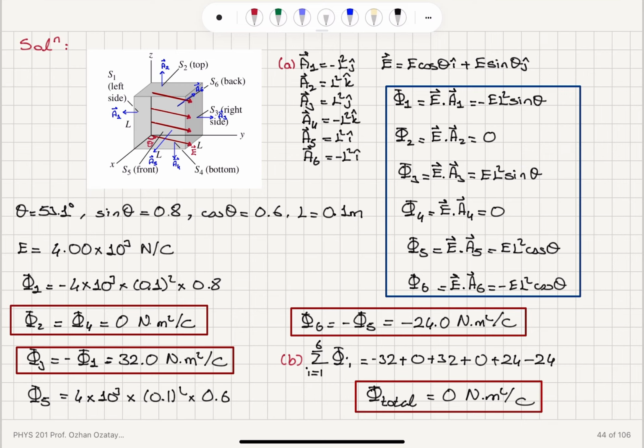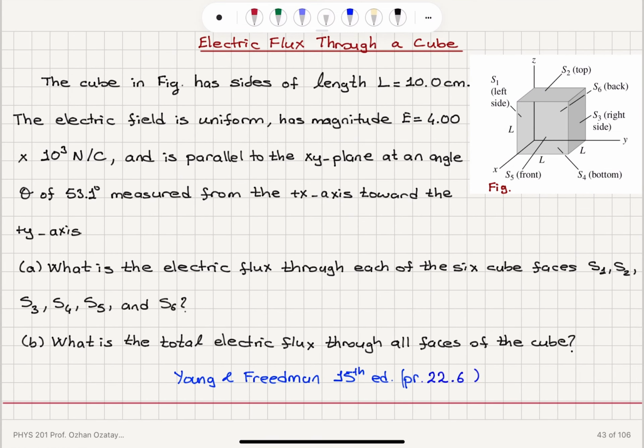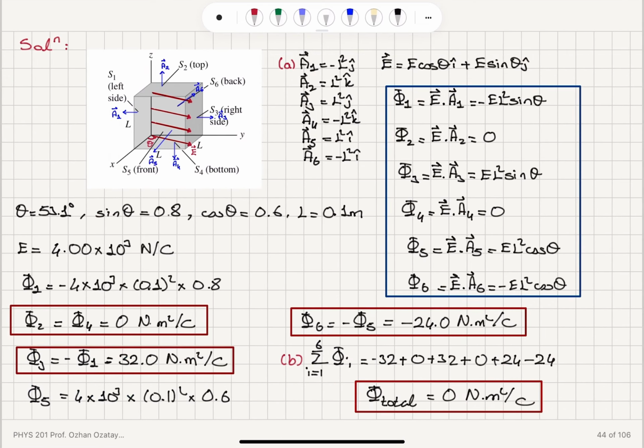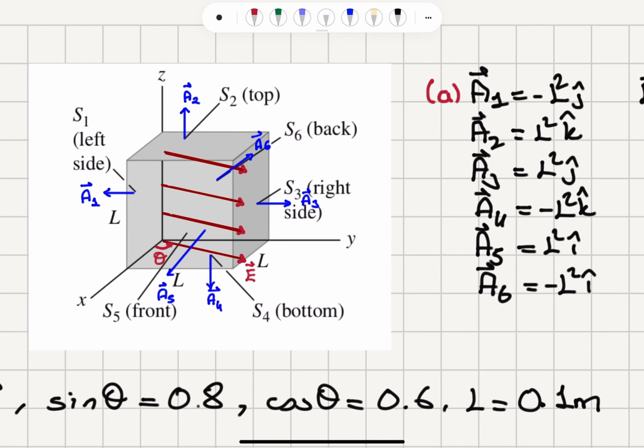Okay, so in this problem we talked about the electric flux through a cube which has 6 faces. For each face, we looked at the area vector, and we took the dot product between the uniform electric field and the area vector to find the flux through that face. Obviously, faces 2 and 4 do not have a contribution because the electric field is parallel to the xy plane.